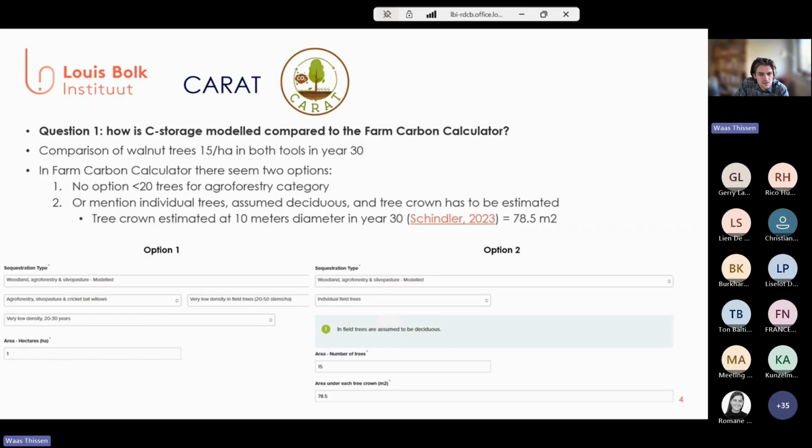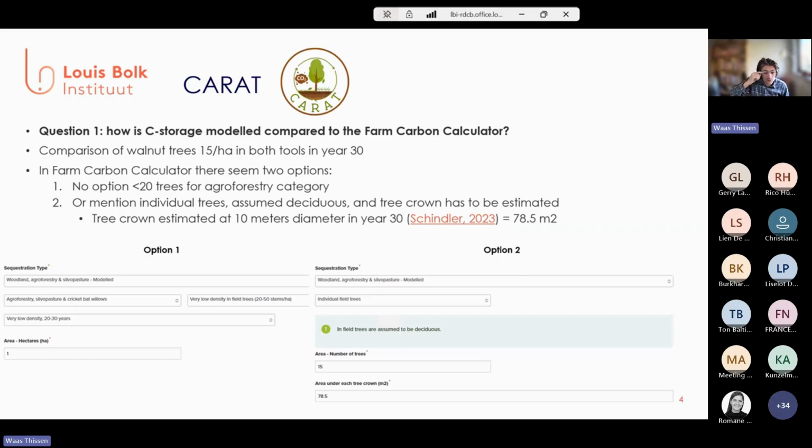Then in the farm carbon calculator, I saw two options. The first option wasn't ideal because there was no option for fewer than 20 trees per hectare in the agroforestry category, as you see on the bottom left. There was no option to select fewer than 20 to 50 stems per hectare.